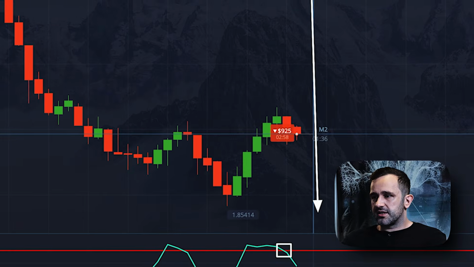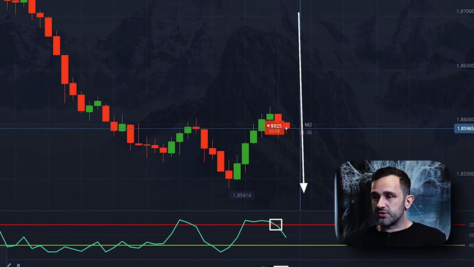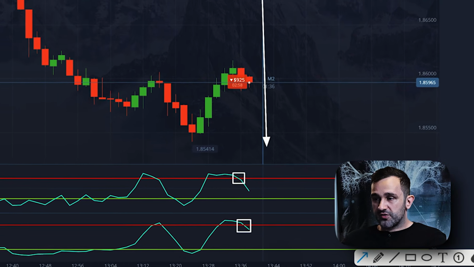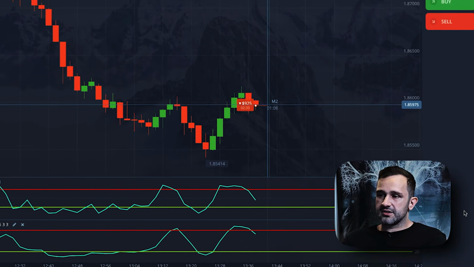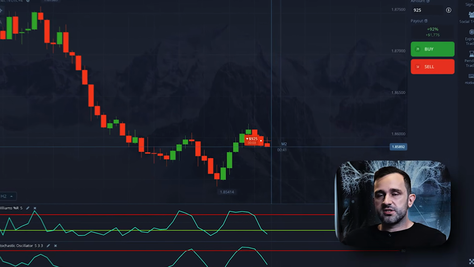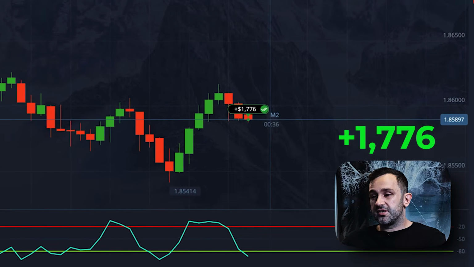Now from the candlesticks, it's clear that prices met resistance and sellers have started actively entering from the top. So Williams showed overbought conditions and a turn downward. Stochastic confirms weakening growth and candlesticks show seller reaction. That's why the probability of a pullback downward increases at this point. Waiting for the close, plus $1,776.